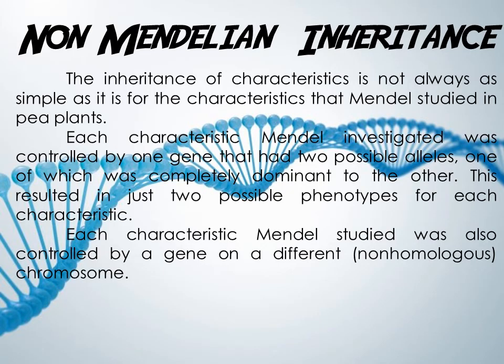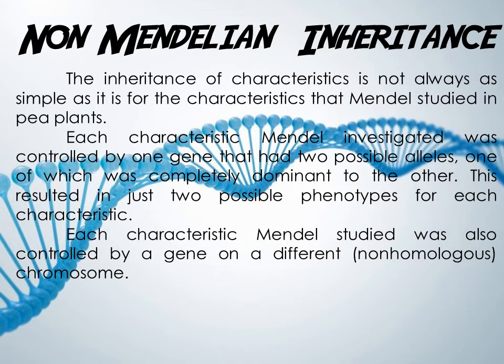Next is non-Mendelian inheritance. Inheritance of characteristics is not always as simple as it is for the characteristics that Mendel studied in pea plants. Each characteristic Mendel investigated was controlled by one gene that had two possible alleles, one of which was completely dominant to the other.